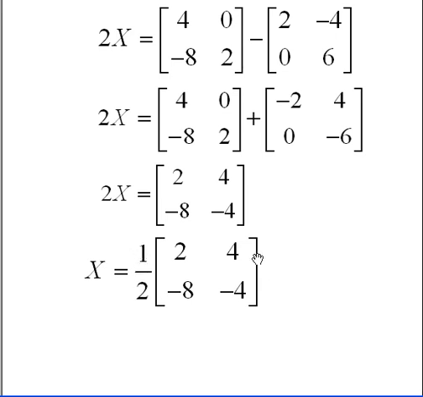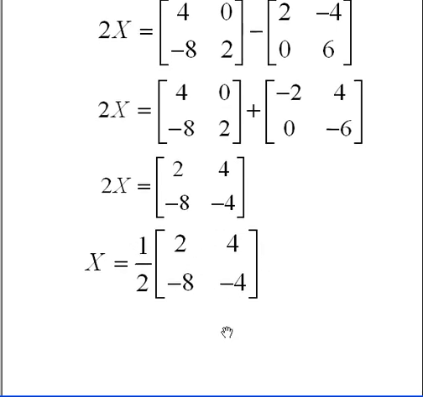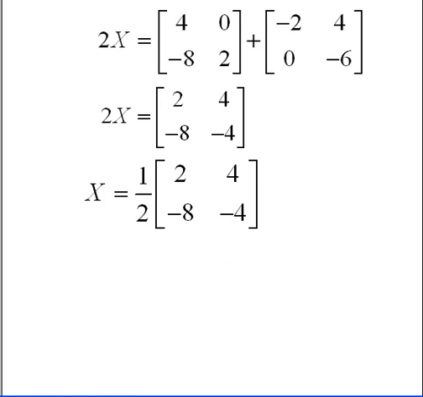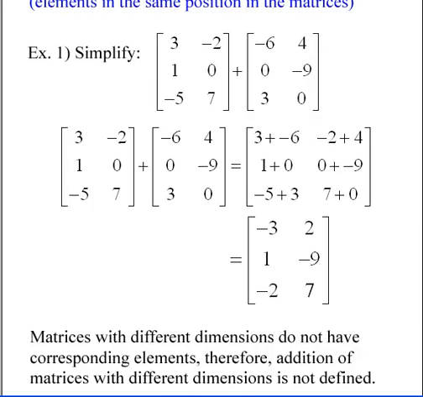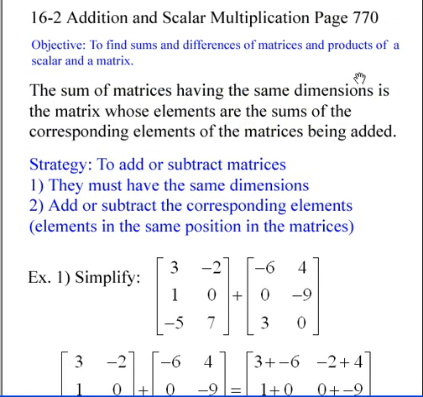We want to take 1/2 times every element in this matrix. 1/2 of 2 is 1. 1/2 of 4 is 2. 1/2 of -8 is -4. 1/2 of -4 is -2. So the matrix we were looking for, X, is represented by this 2 by 2 matrix containing the elements 1, 2, -4, -2.